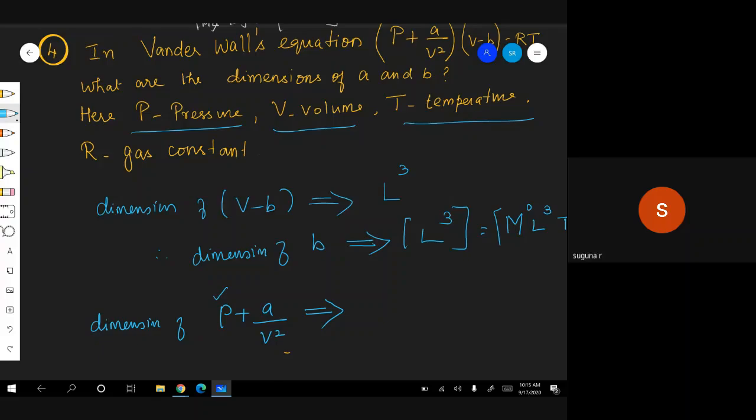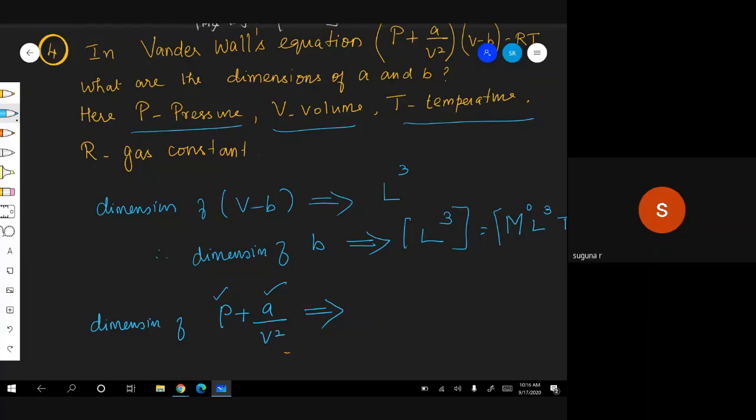I have to add pressure only with the dimension M L power -1 T power -2, that is pressure. I have to add pressure only with pressure. Pressure cannot be added with length. Hope you're following. How many times I told you? Therefore, P plus A by V squared should have the same unit and dimension as pressure.